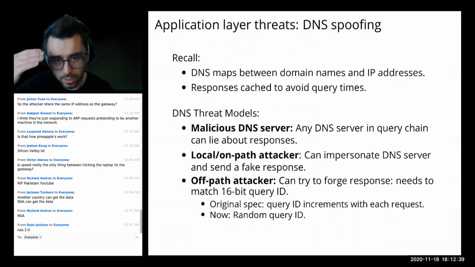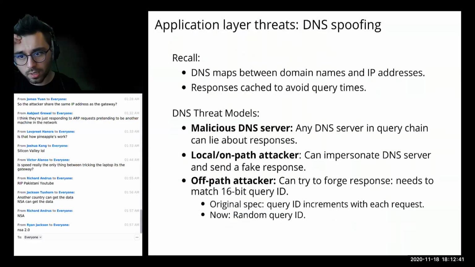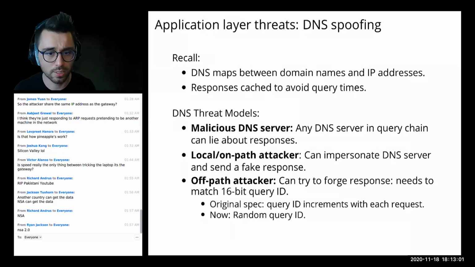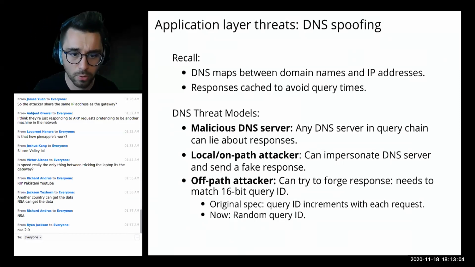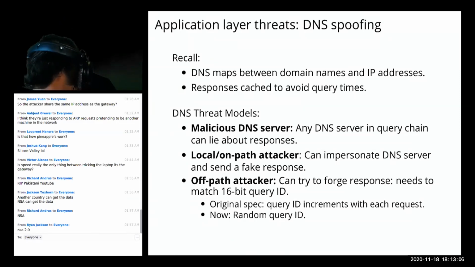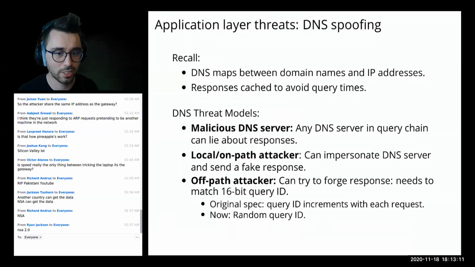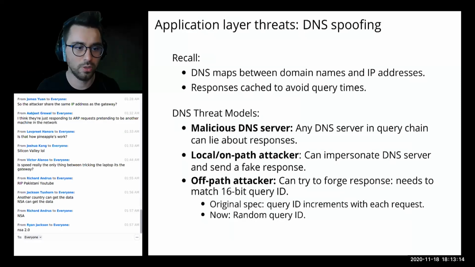So for an off-path attacker, we have to guess this query ID. This is a 16-bit query ID. In the original spec, the query ID was incremented with each request. So if I was able to get a hold of one of them, I could basically forge DNS responses forever afterwards. Nowadays, the query ID is randomized, but that's still not good enough on its own.